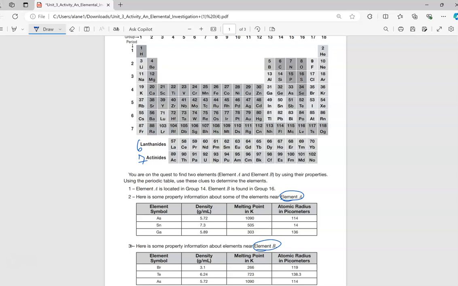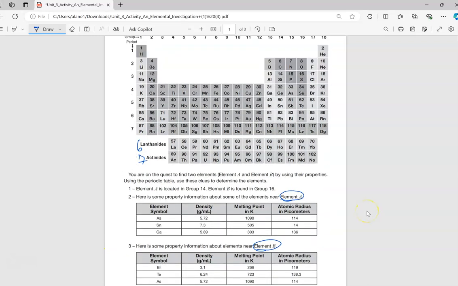So you are kind of doing what Mendeleev did. At one point, Mendeleev put together the 63 elements that were present into a working periodic table of elements, and he left gaps for elements that he knew would be eventually discovered. So we're kind of going to do the same thing.